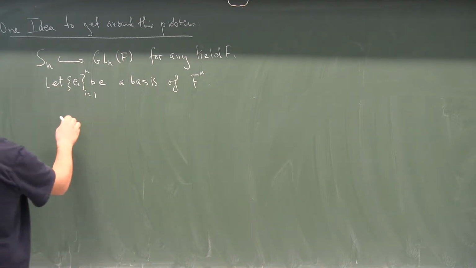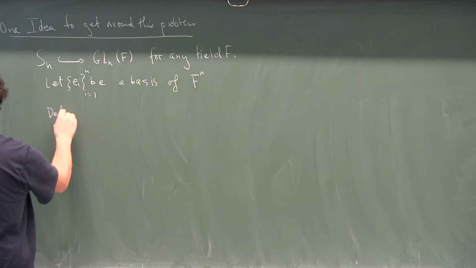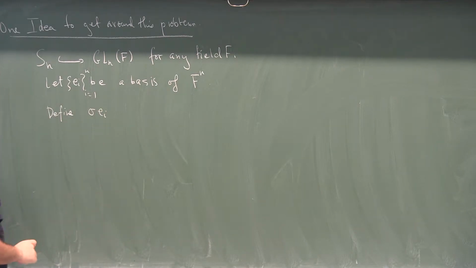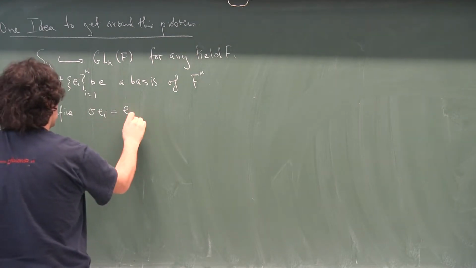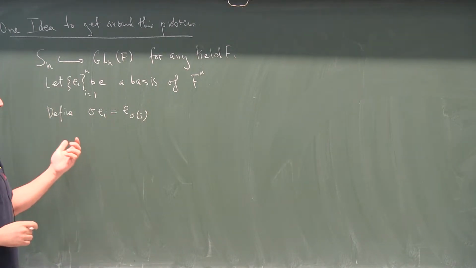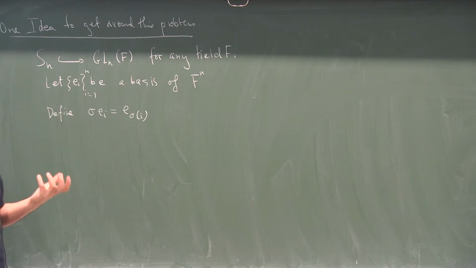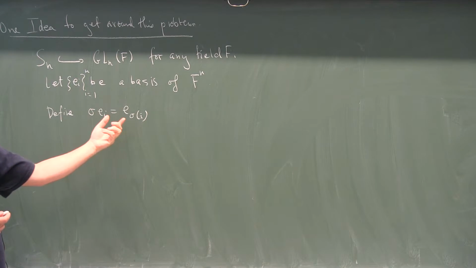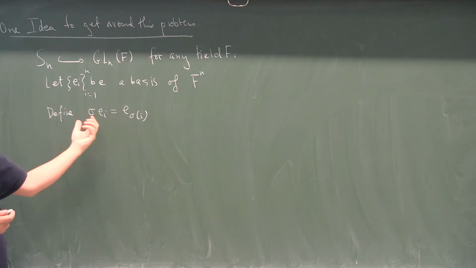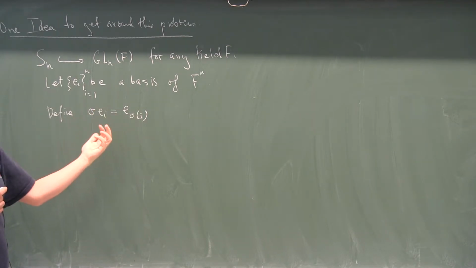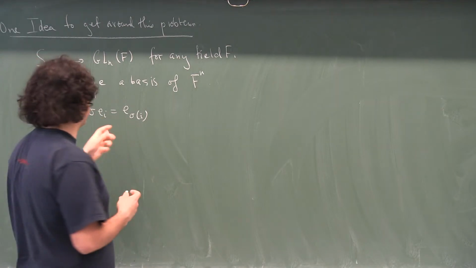And then I define sigma of e_i to be e_sigma(i). So I'm permuting the basis vectors. And now remember that to give an invertible linear transformation, this is the same thing as sending a basis to a basis. Now here I'm clearly sending a basis to a basis. As a set, I'm sending the basis to itself. But the order of the basis elements is changing.